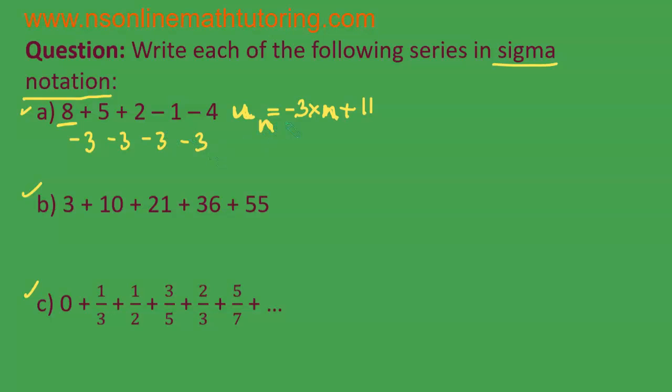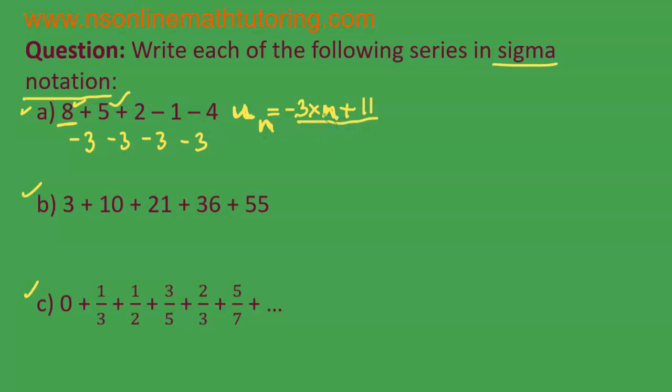Let us see if it is just for this first term or if it is the same expression for the other terms as well. What happens when n is equal to 2? That means it is the second term. Negative 3 times 2 is equal to negative 6 plus 11 is equal to positive 5. Third term, n is equal to 3.